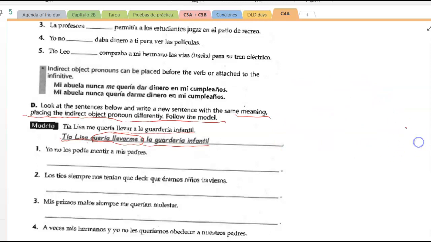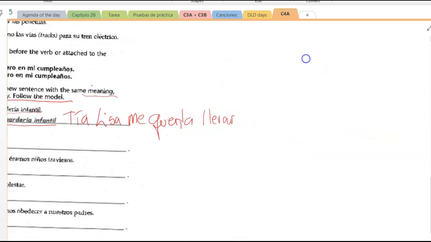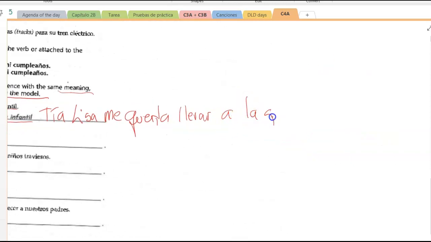It could also be la tía Lisa me quería llevar a la guardería infantil.